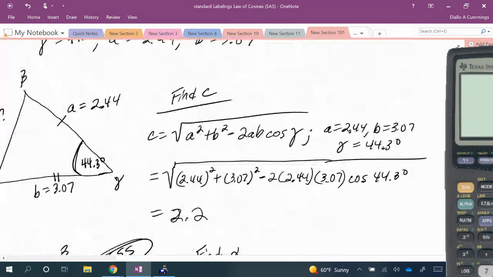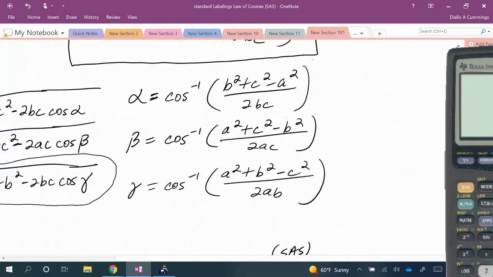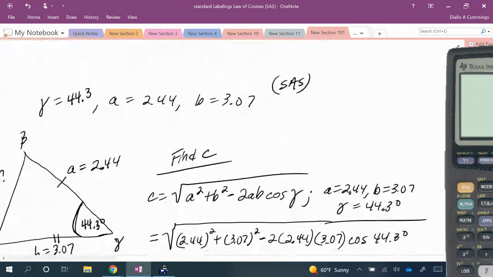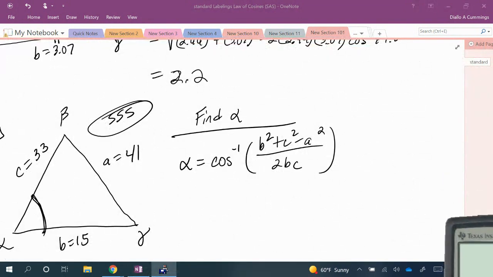Going back to our formulas, we would use this formula. Since we're asked to find angle alpha, and we're given three side lengths, we're just going to substitute A for 41, B for 15, and C for 33.